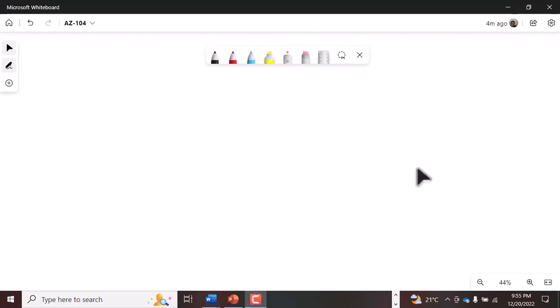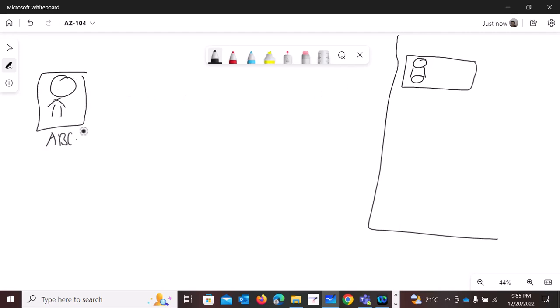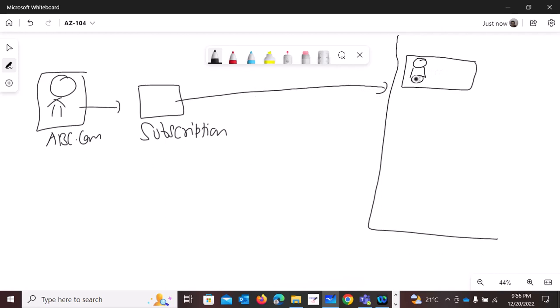What Microsoft did, in a particular location, they built racks, servers, and everything. And anybody in the world, say ABC company, abc.com, once they have a subscription, which is like an identity, they can subscribe to any services.